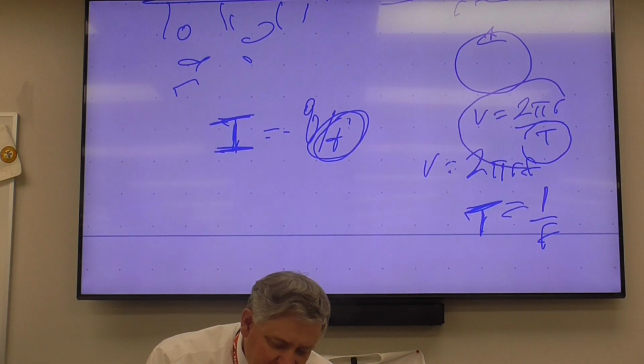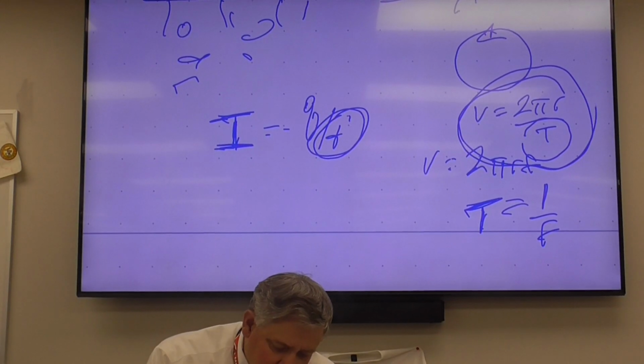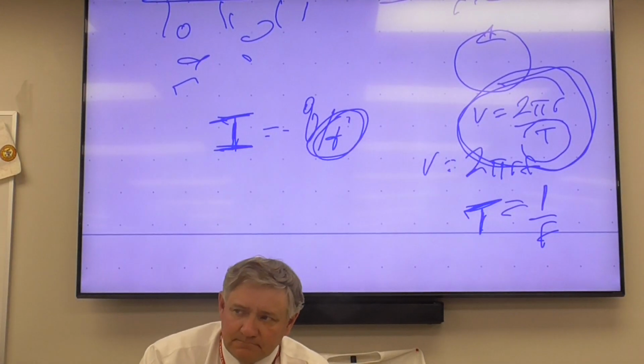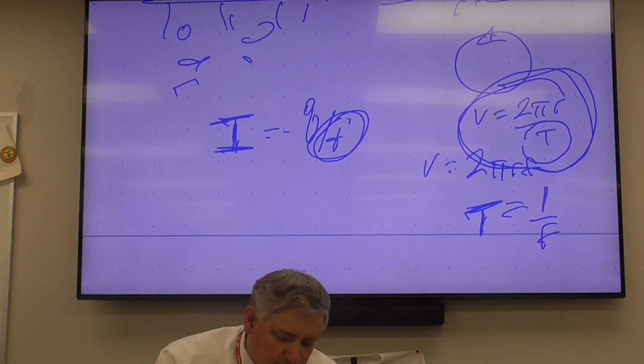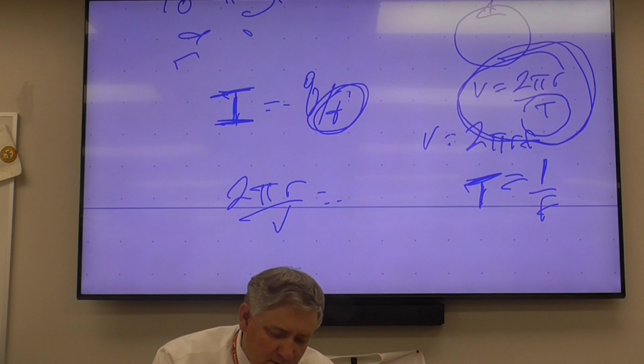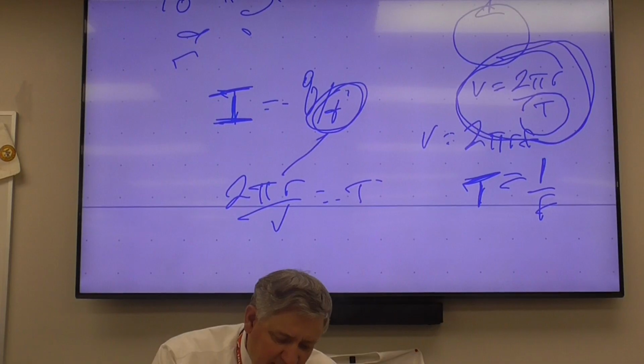Now, since this is time, and this is just kind of a big broad overview, could I take this equation and solve that for time? What would you get? 2 pi r over v. Could I substitute that in there?